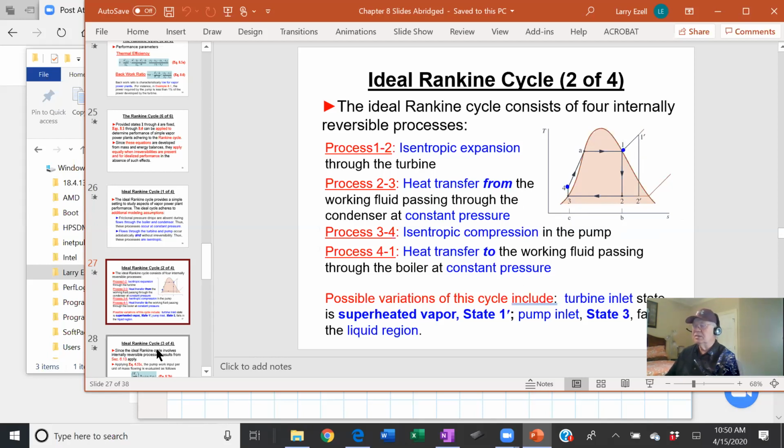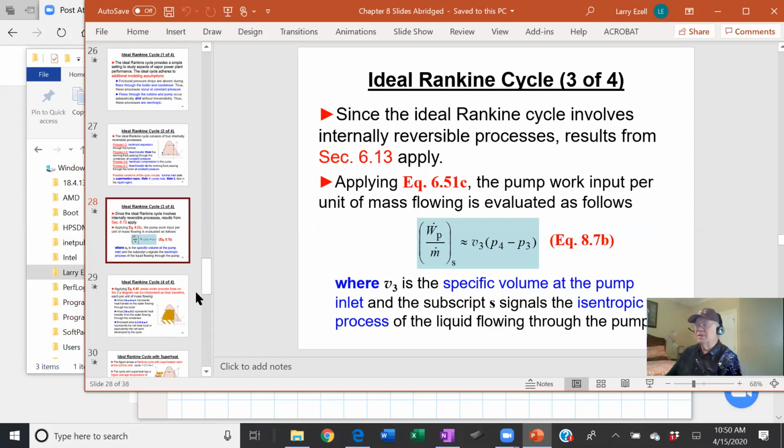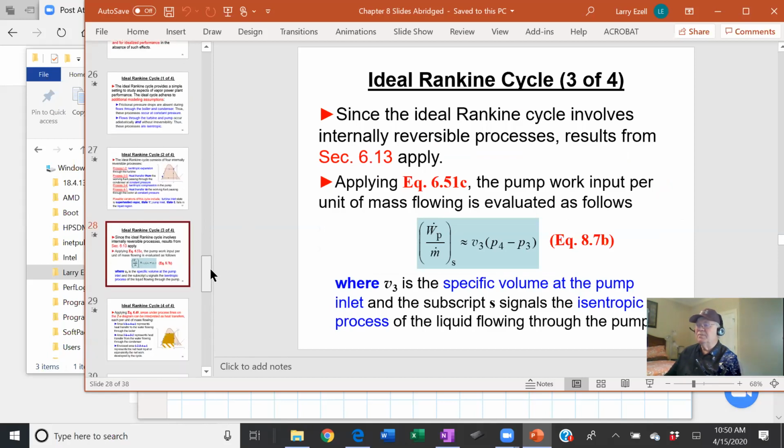I think that'll make sense when we work a problem. One of the things about this cycle is that the pump is over here in the liquid area.